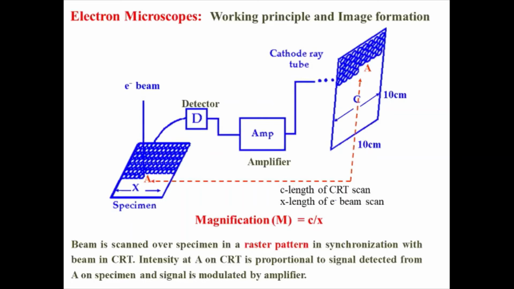So there is no point by point image formation in an optical microscope, but here the image is formed point by point. So you have to scan the beam on the sample, and for every position a pixel is ignited on the detector screen or on the screen which displays the image.